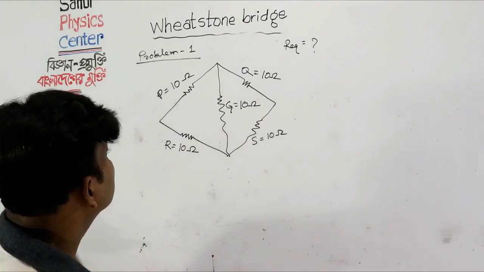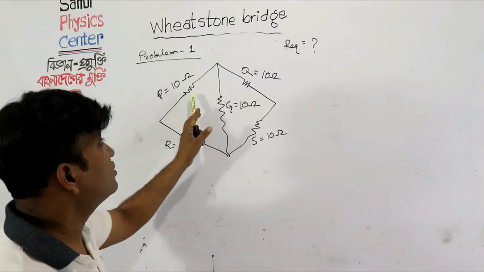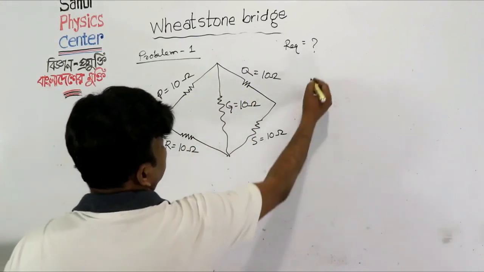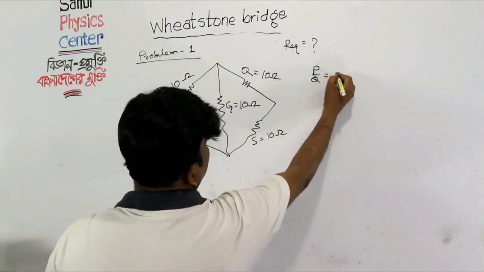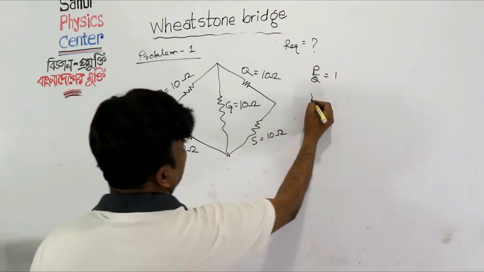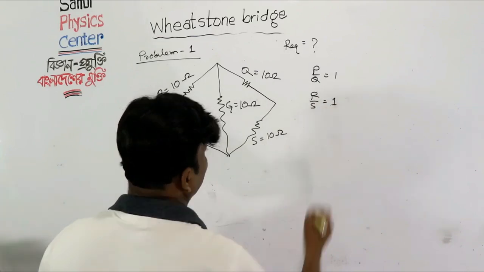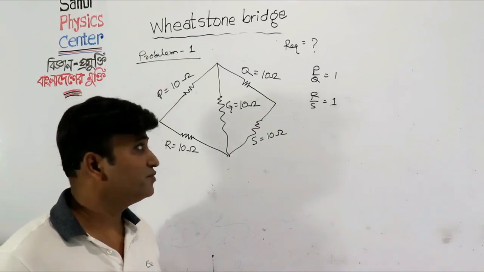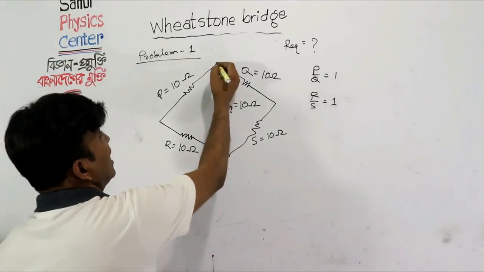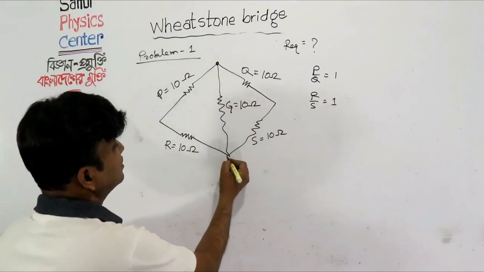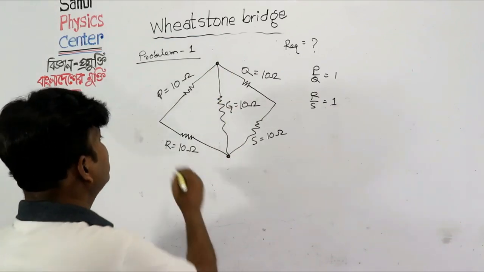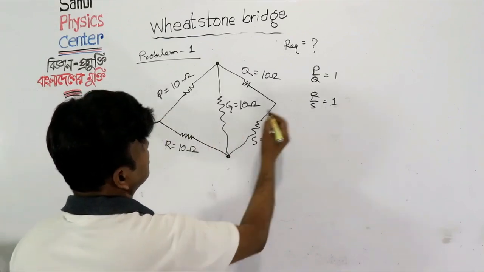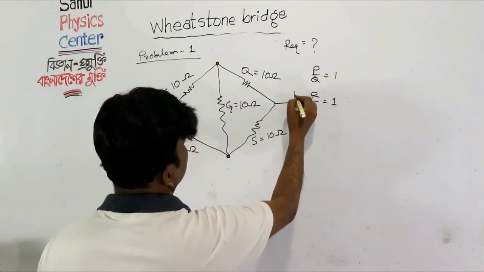Now here we find that the ratio of P by Q is 1, and the ratio of R by S is also 1. That's why the circuit follows the Wheatstone Bridge principle. As a result, the potential at this point and this point will be the same. Suppose the current is flowing through this terminal to this terminal.